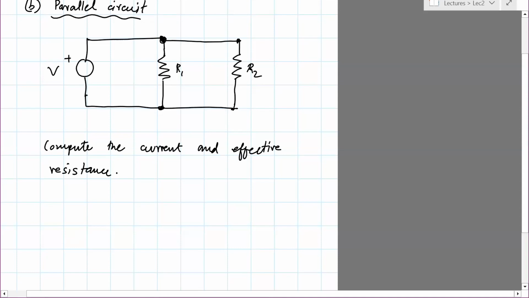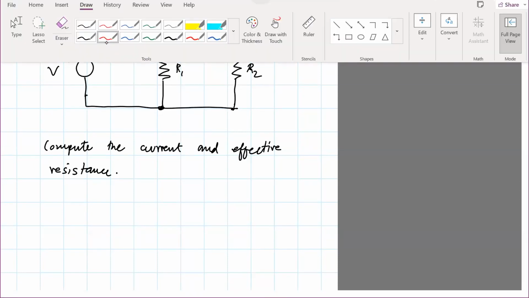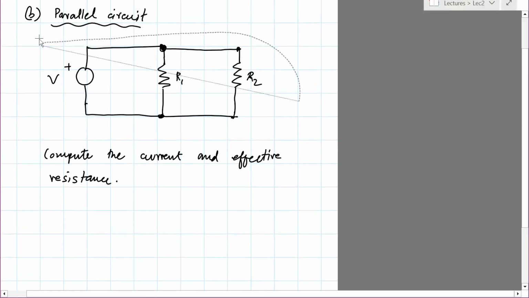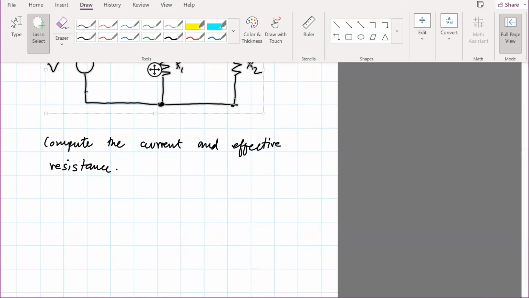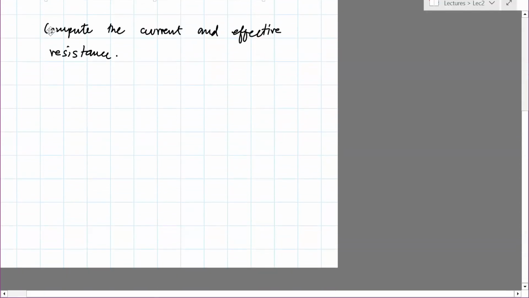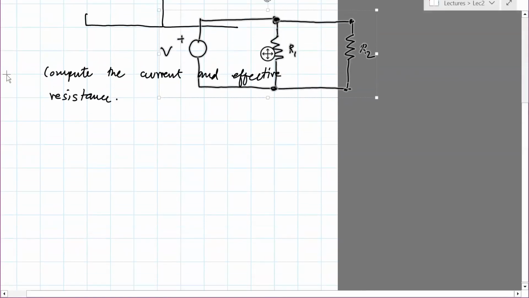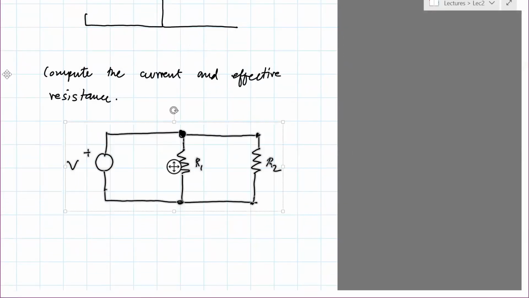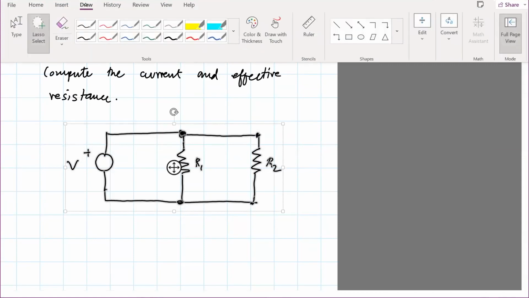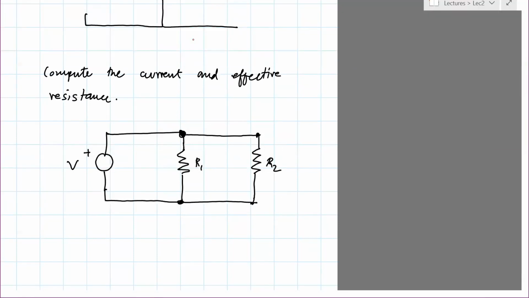Okay, so we do the same thing. I'll just redraw this and then assume some current and then evaluate what the current is. So I'm going to assume that some current I flows, and I'm assuming it this way, but there's no hard and fast rule, so you can assume the other direction too. You'll get the same answer, the negative of whatever I get here.